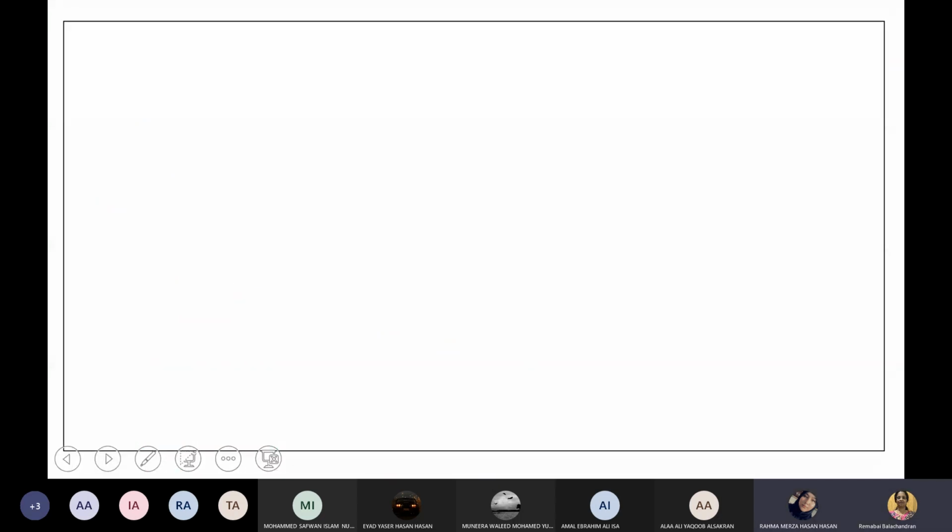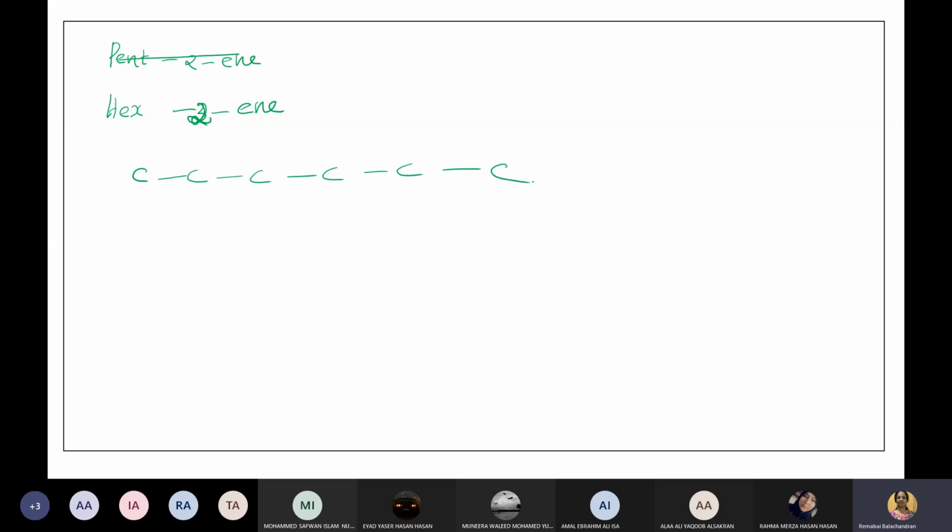Okay, see, suppose if it is pent-2-ene, or instead of pent, I'll write hex-2-ene. So how do you do it? 1, 2, 3, 4, 5, 6. 2-ene means here.